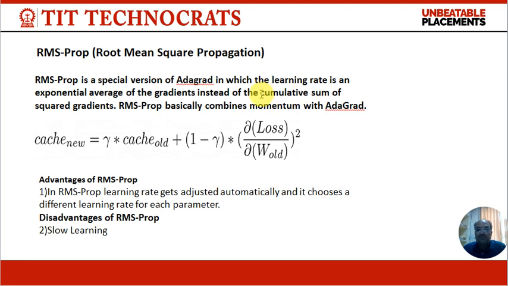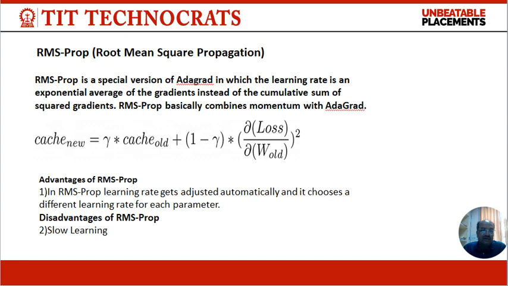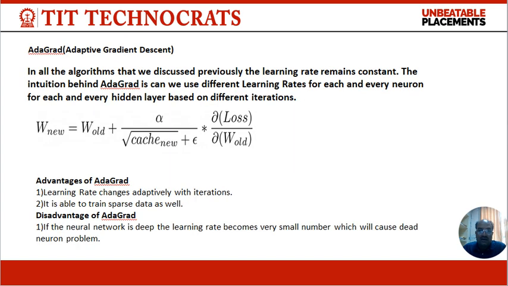Because if you take the cumulative sum, the value of Vt increases. If the value of Vt increases, that means the learning rate value is very small. These are the disadvantages of AdaGrad, due to which the dead neuron problem occurs.